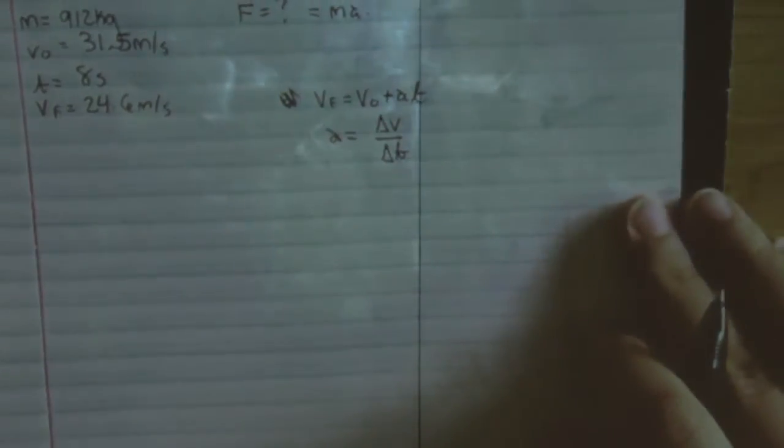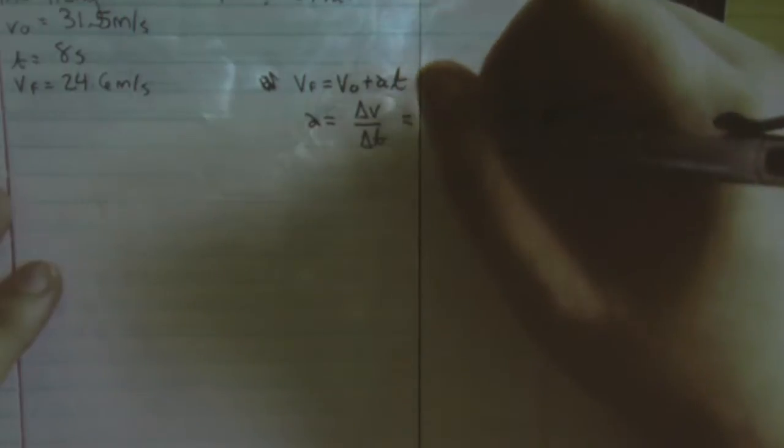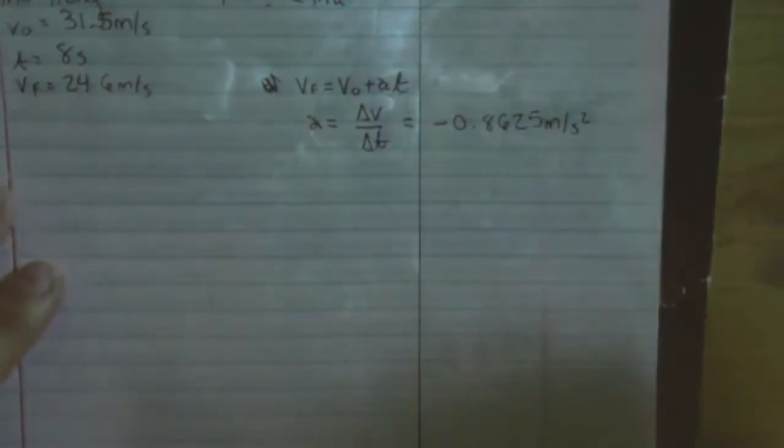Alternately, if you remember this equation, that is the same thing. So if you plug in all of your values, you should get that your acceleration is negative 0.8625 meters per second squared, which basically just means she's slowing down.